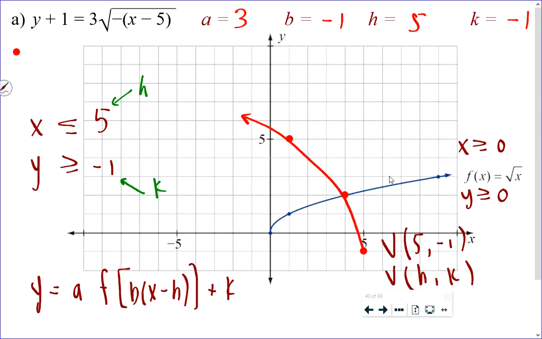It makes sense that if y is greater than or equal to 0 and I shift it down 1, y will be greater than or equal to -1. Why, though, if I shift this blue graph 5 to the right, doesn't the domain become x is greater than or equal to 5? Because it was greater than or equal to 0.